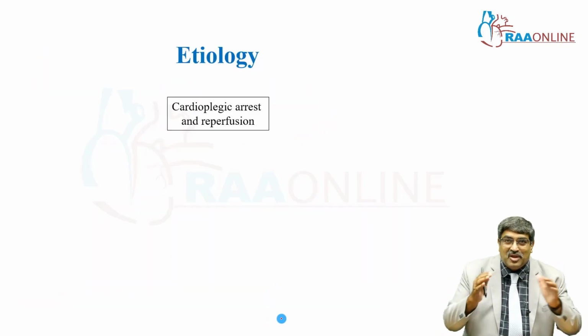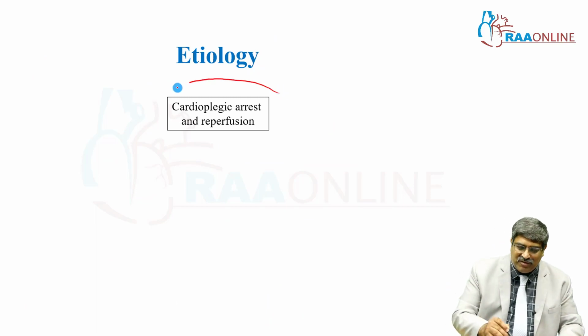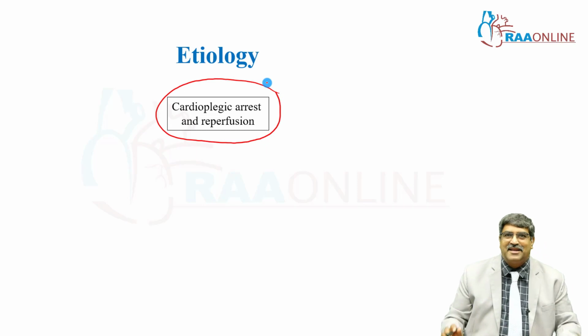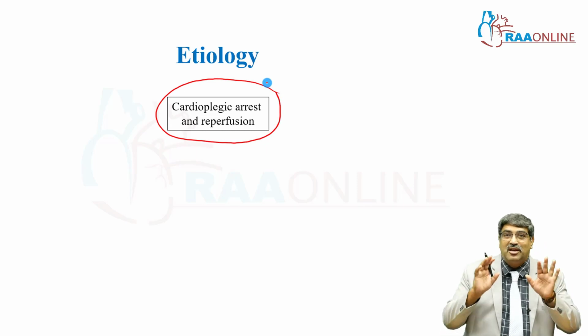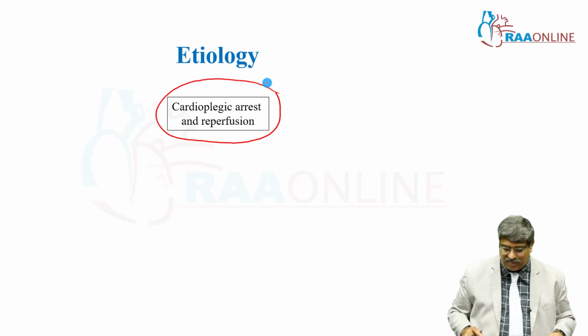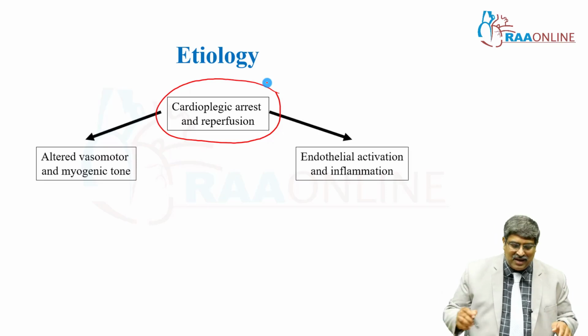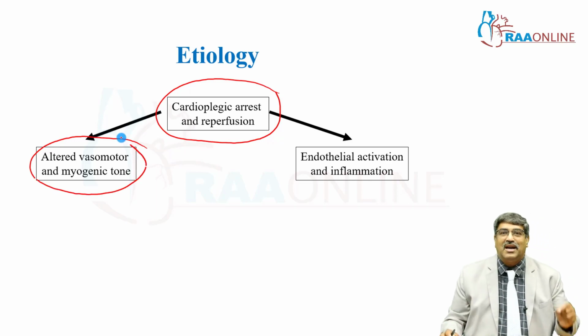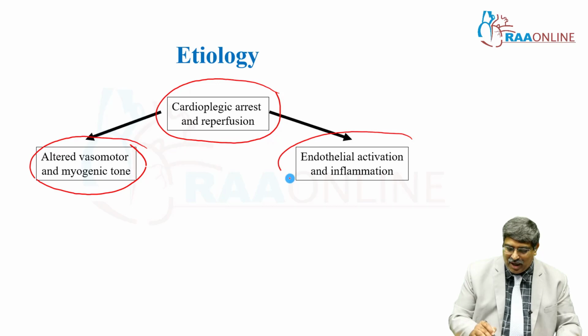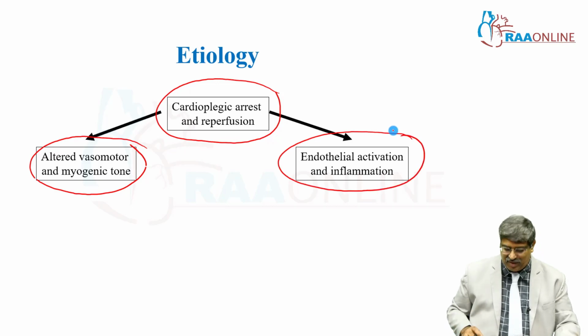To come to the cellular effect on this organ damage, you are giving a cardioplegia and arresting the heart, and later you reperfuse the organ. So there is a chance of ischemic reperfusion injury, and this might alter your vasomotor and myogenic tone. There is going to be endothelial activation and inflammation.